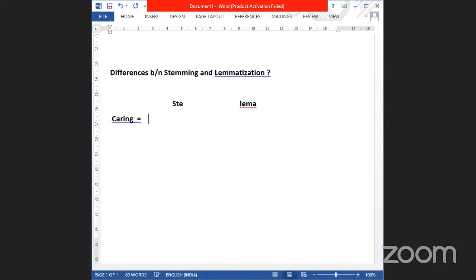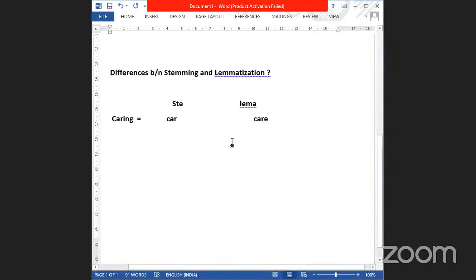Okay, so if I do stemming, what will this word be converted into? It will convert into car, right? And if you do lemmatization, it will convert into care, right? So this is the basic difference between stemming and lemmatization.